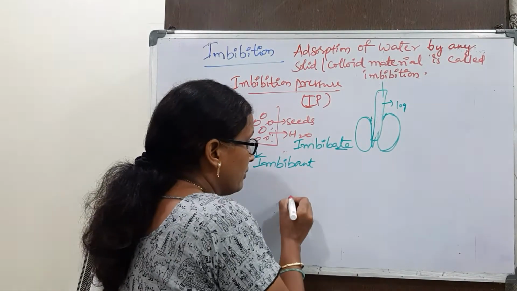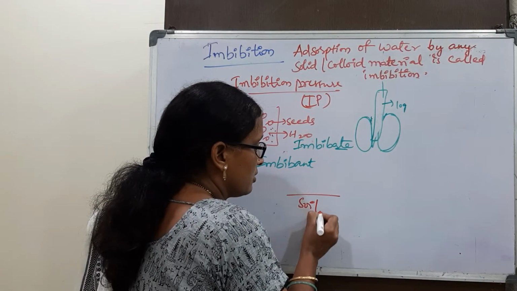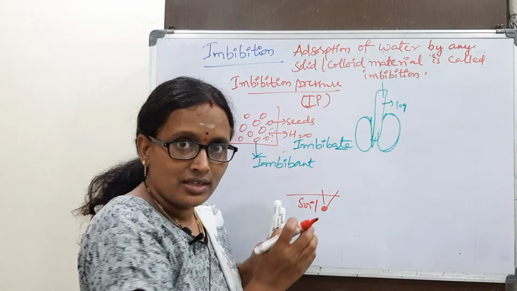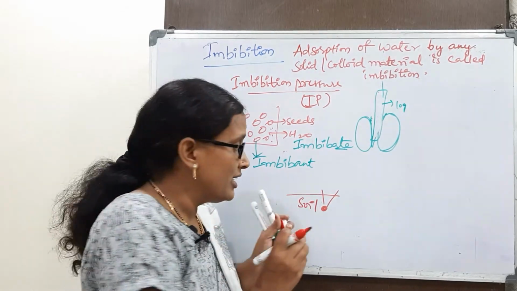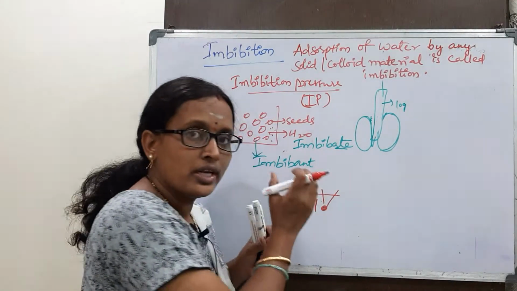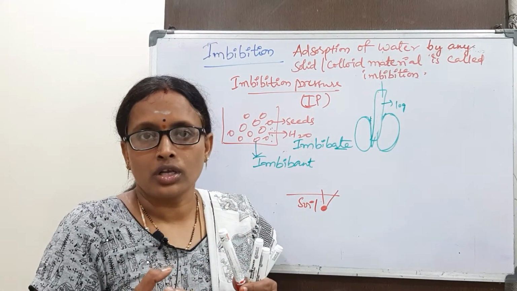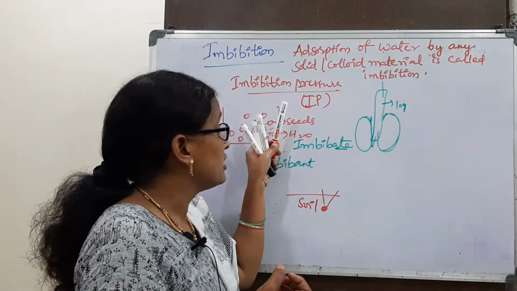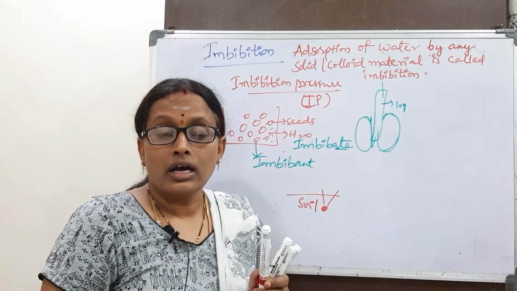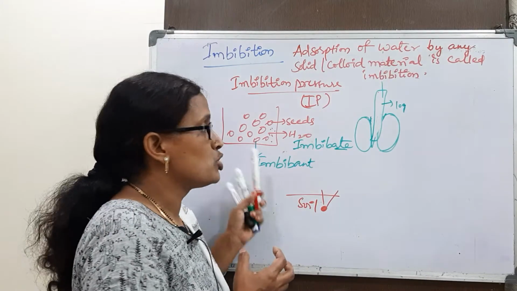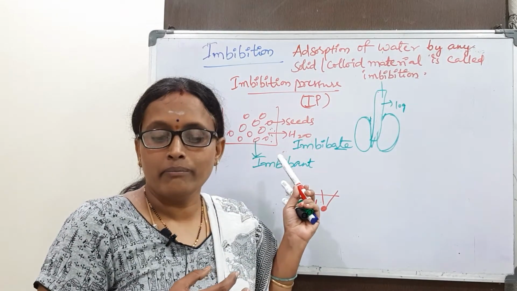When seeds are kept in the soil, they absorb the water and increase their volume. Ultimately they create pressure, and that pressure helps them to emerge on the soil. Without this pressure, there is no germination process.